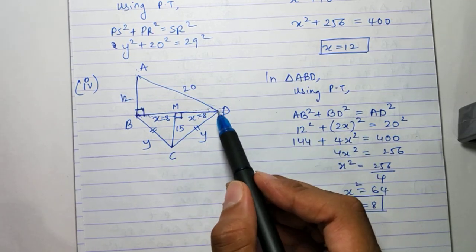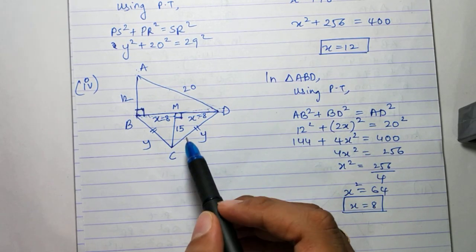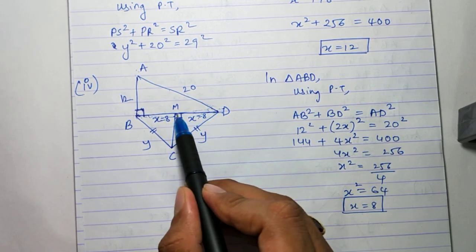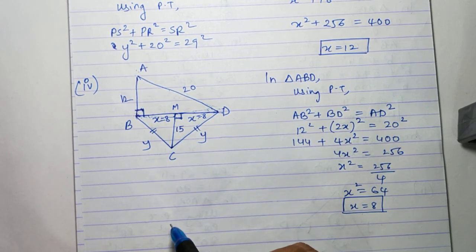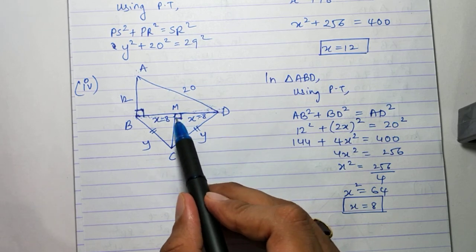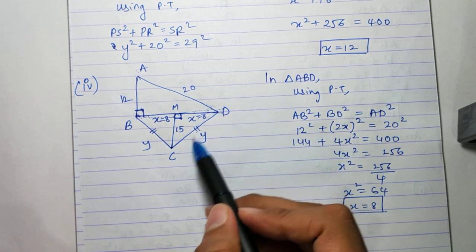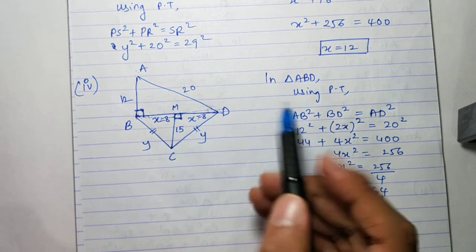So here in this small triangle, this is 90 degrees. So opposite to 90 is this CD. CD is the hypotenuse for this small triangle.